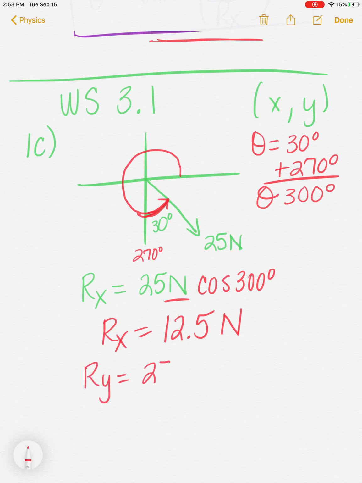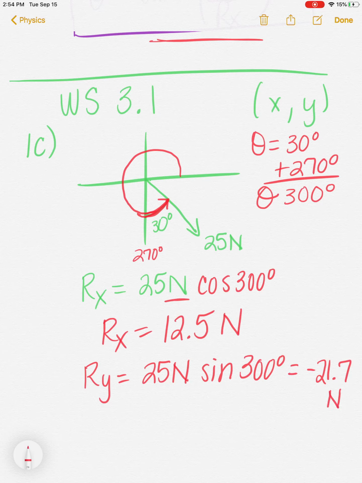Our y then can be found by taking 25 newtons times the sine of 300 degrees. So 25 times sine of 300 gives me a value of negative 21.7 newtons.